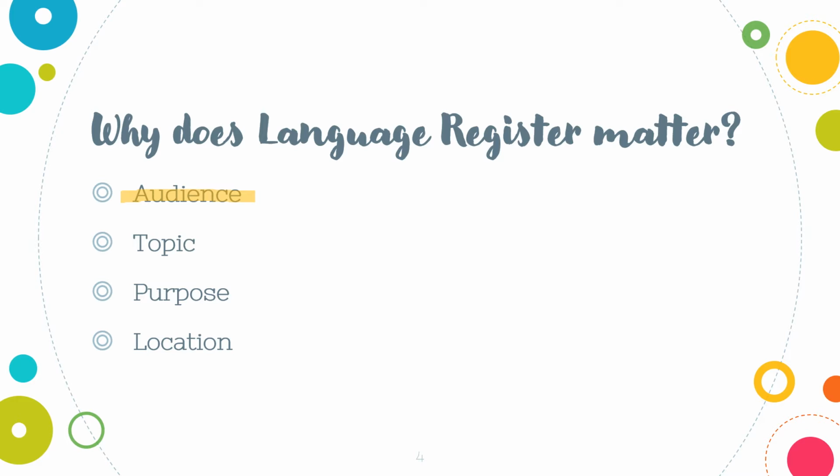The language they use will likely change when speaking with friends and should change again when speaking in school. Similarly, when writing, students should adjust the formality, tone, and vocabulary used based on who the writing is intended for. The second factor to consider in language register is topic.